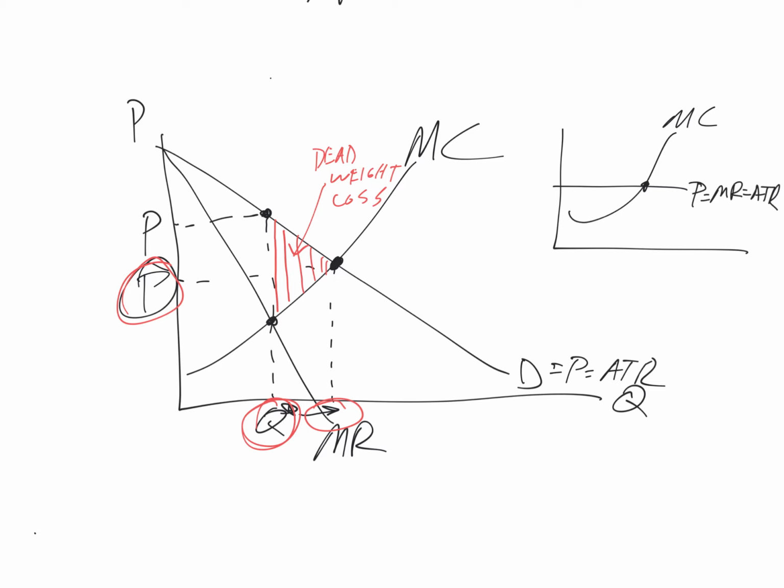If they would produce out here, all this economic surplus would be available, but it's not. So the monopolists, again, they underproduce and they overcharge, which results in dead weight loss, loss of economic surplus, and we don't like it.